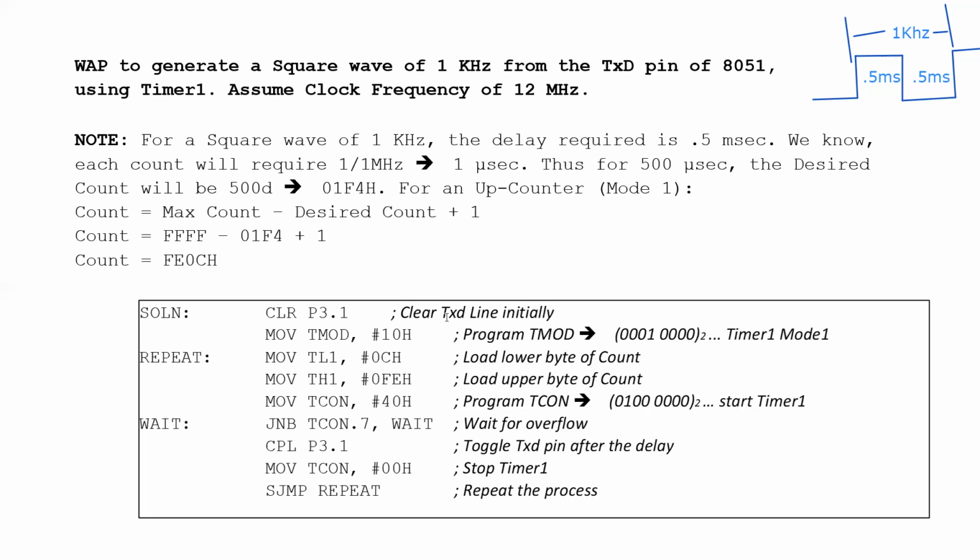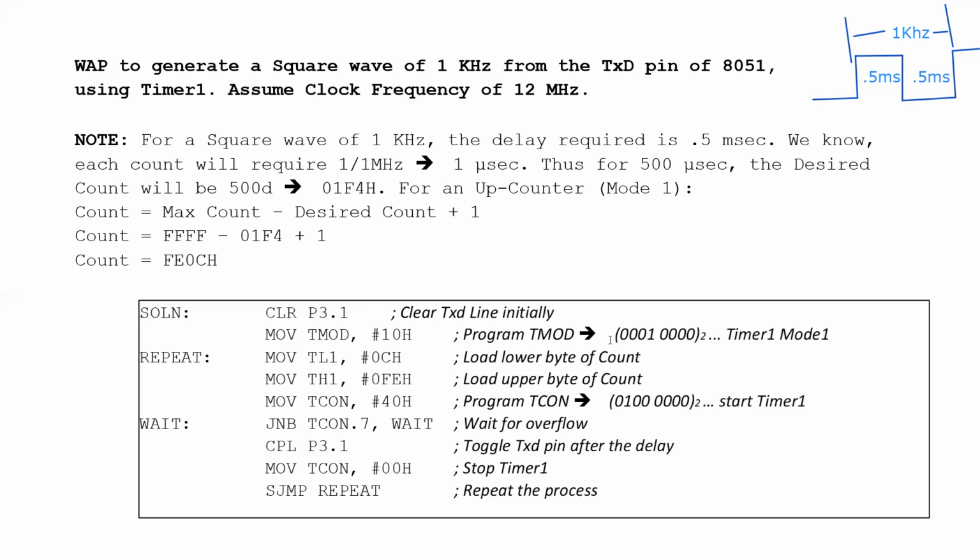Here the transmit line, the TXD pin, is P3.1, so it is cleared initially. So it will clear it and move TMOD 10 hex. Here we use timer 1. The upper 4 bits of TMOD are for timer 1 and the lower 4 bits, the lower nibble, are for timer 0.